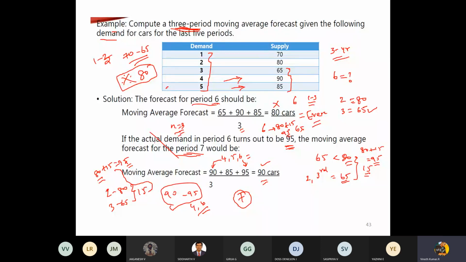It is our expectation value. Taking the past 3 years or 5 years of data, we are going to forecast how many cars we are going to supply in the period of 7, in the period of 6. But it may be affected, so we are not giving assurance.